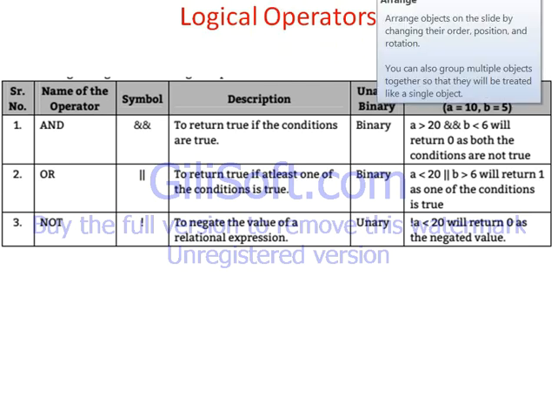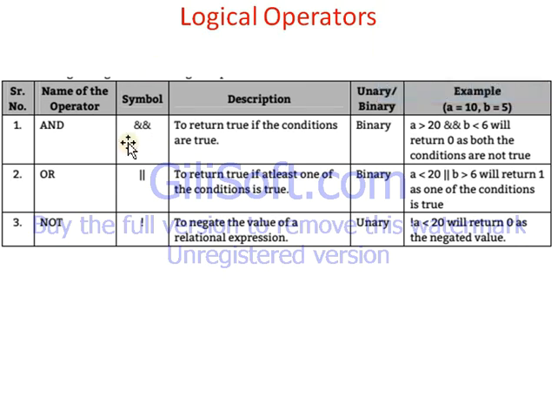For example, there are three logical operators present in C++: and, or, and not. For the logical and operator, the double ampersand symbol is used, and the single ampersand is used for bitwise operators. Bitwise and logical operators are different. They perform different tasks.